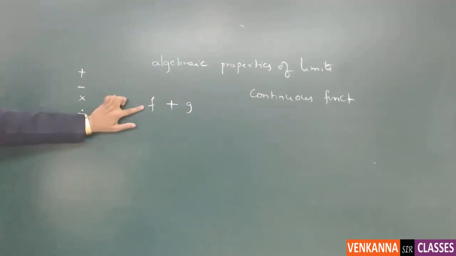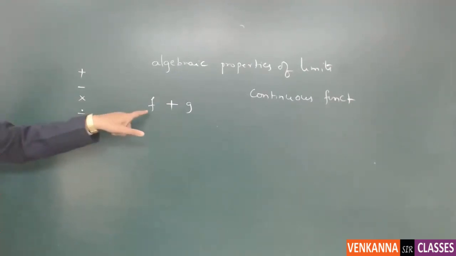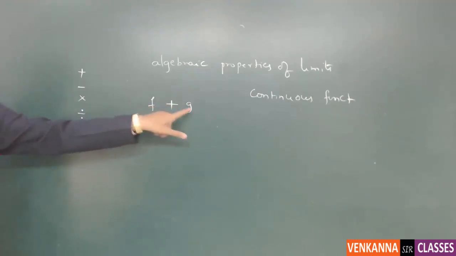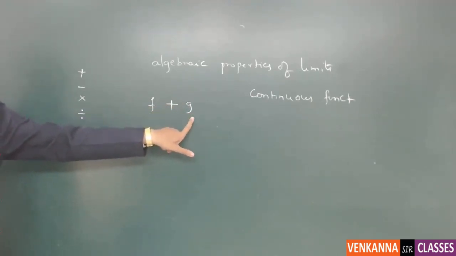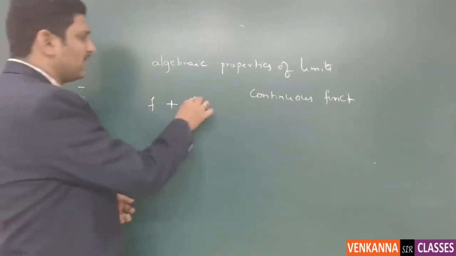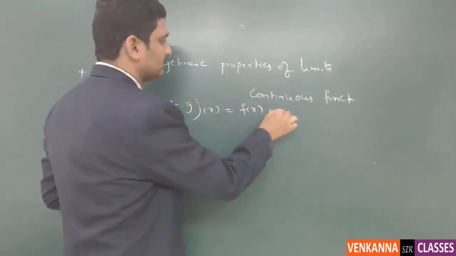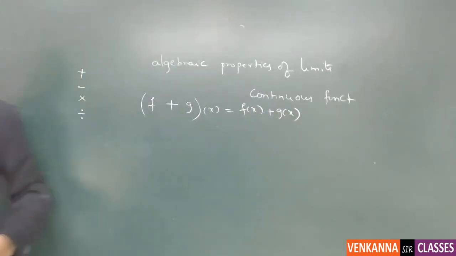So here it means that since continuity is defined point by point, the actual meaning is if f is continuous at a, g is continuous at a, then f plus g is also continuous at a. And how do we define f plus g? f of x plus g of x. So the difference of functions f minus g is f of x minus g of x.